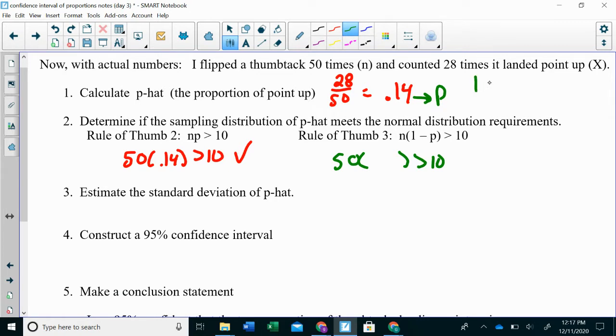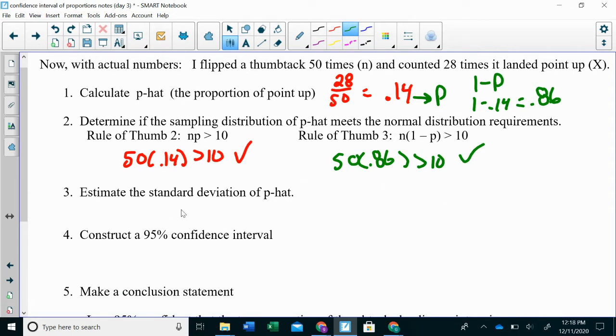So 1 minus p, 1 minus 0.14 equals 0.86. So does 50 times 0.86, is that greater than 10? Check, it is. So both of those two requirements are met.